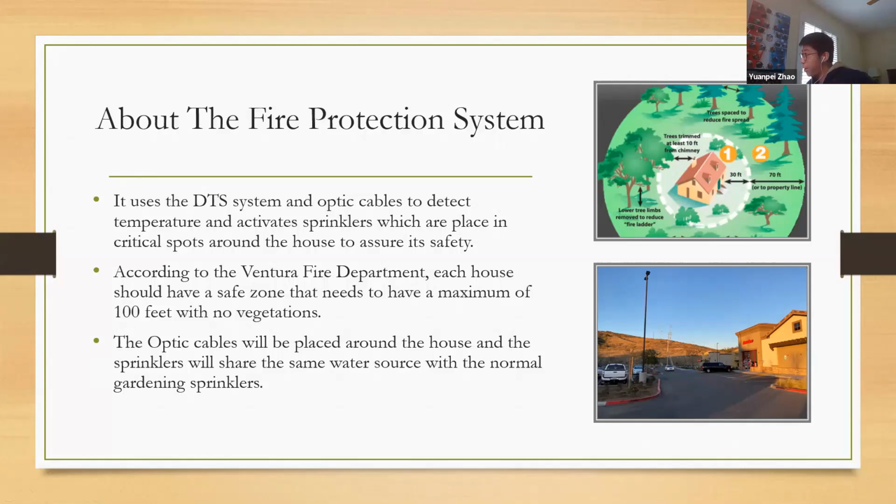When I was in 10th grade, I got home and saw at the Park and Ride in Camarillo that the hills just got on fire. In this kind of situation, this store is going to get damaged horribly. So optic cables can be placed even on the hills, and they can warn people that there's a fire.